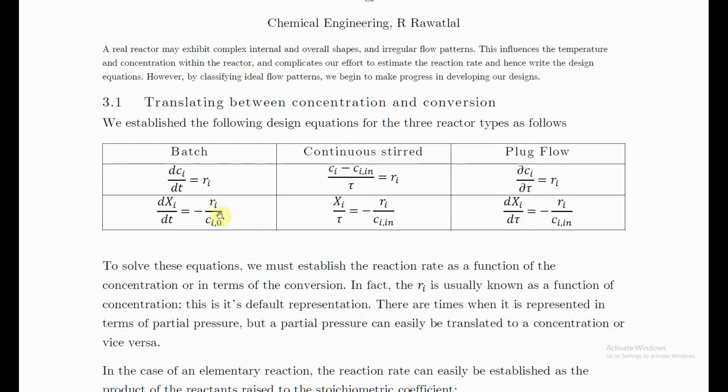Now we can rewrite Ri in terms of the conversion. And so we are getting another step closer to being able to solve these equations. Because now the equation is totally in terms of xi, and so we can go ahead and solve these equations for xi. In other words, we are now able to calculate what the conversion is going to be from that reactor.